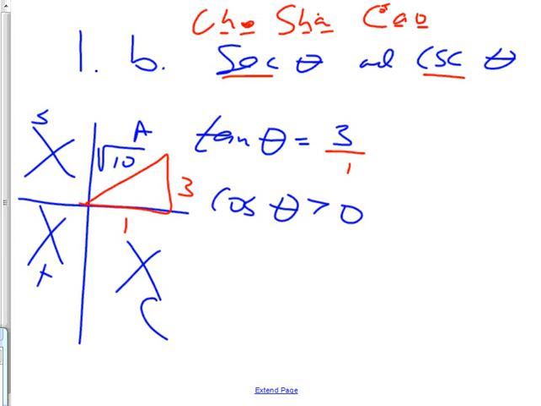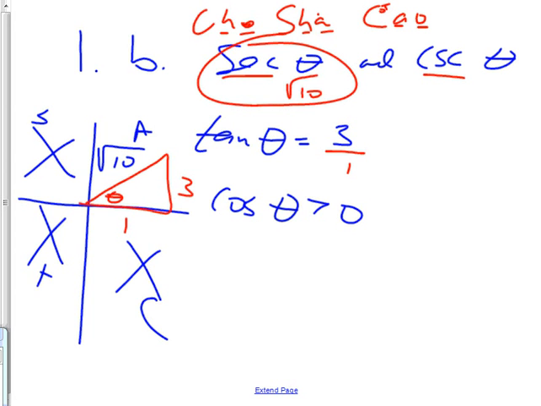Okay. Anyway, secant is hypotenuse over adjacent. So in this triangle, hypotenuse is the root 10 over the adjacent is 1. So it's root 10 for that one. And the cosecant is like sine except flipped.